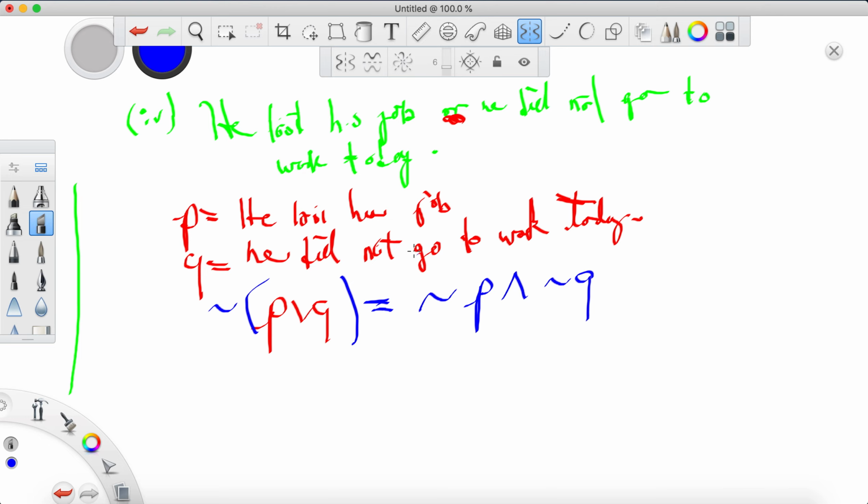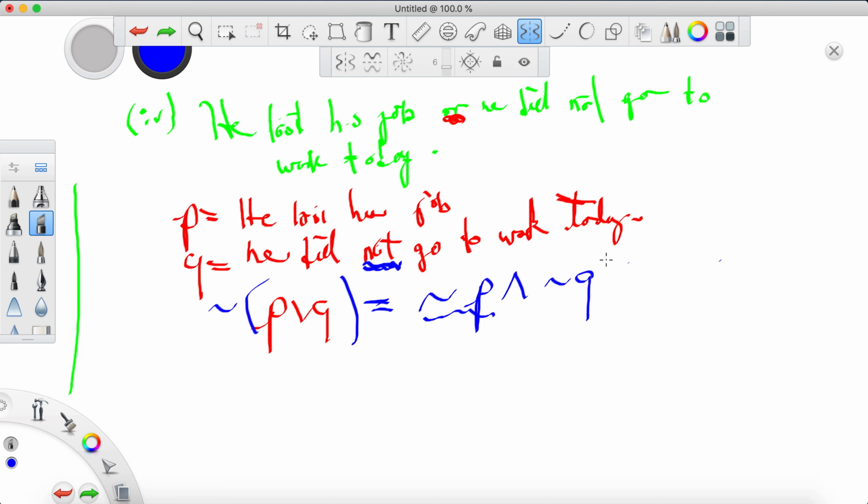And what does this say? Well, he did not lose his job, and he did not go to work today, right? So there's a "not" already in there. And so if you negate that twice, what are we not doing? We're not having not Q. That's not what we're doing.